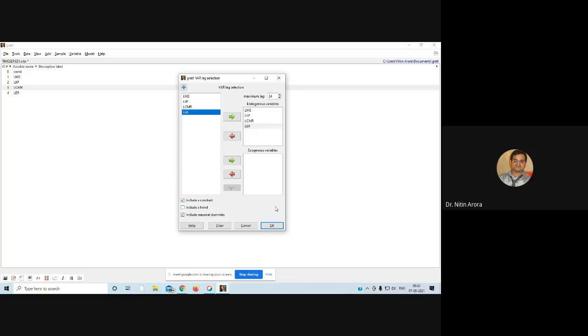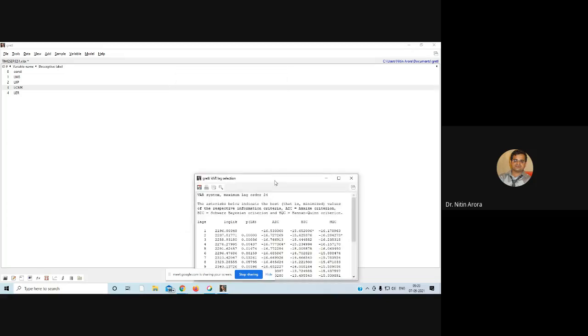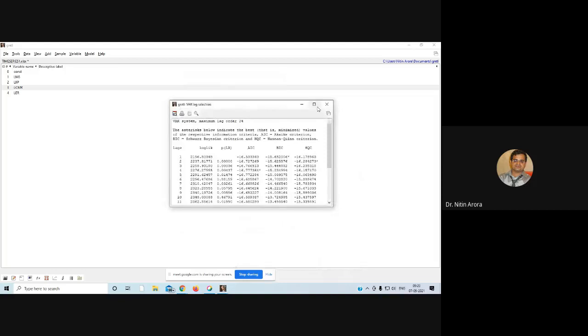AIC is the Akaike information criterion, BIC is the Bayesian information criterion, and HQC is the Hannan-Quinn criterion. So for 24 lag lengths, 24 values of each information criterion will be computed, and wherever they are minimum, that will be chosen as the optimum lag length.